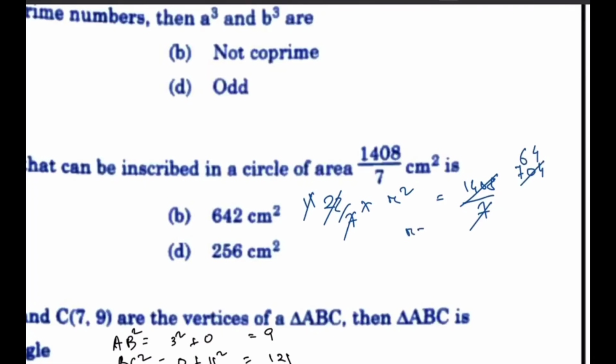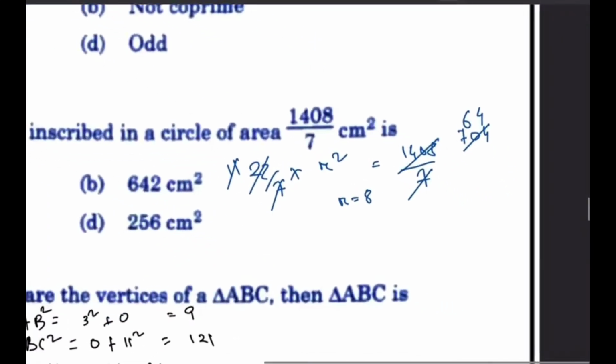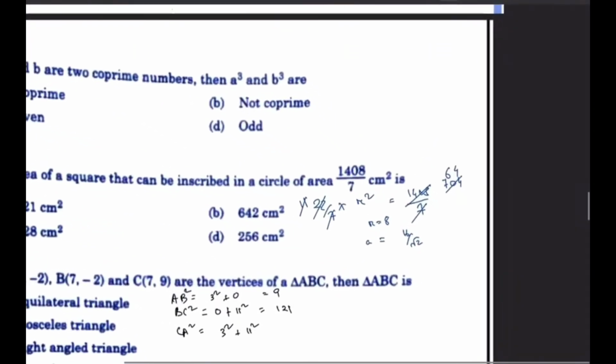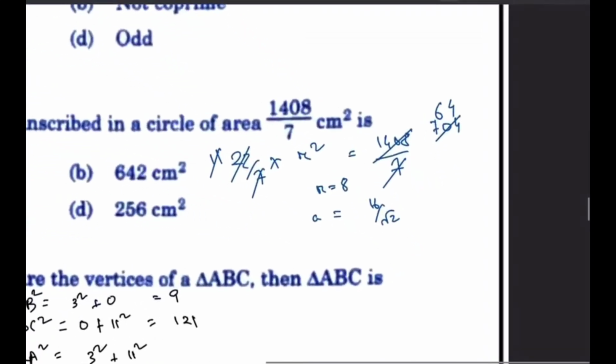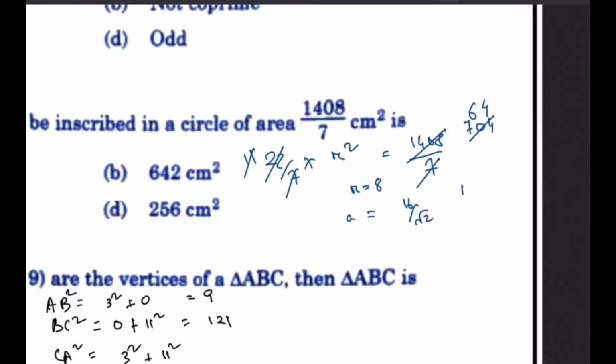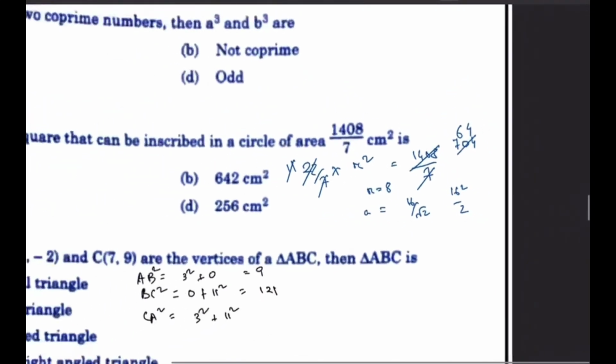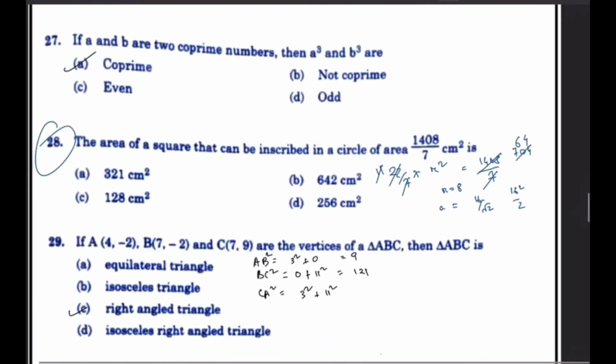So r equals 8. If r equals 8, then a is twice r divided by root 2, so 16 by root 2. Now we need the area of this square. So basically 16 square divided by 2, so 256 divided by 2 should be 128. Yes, here we are.